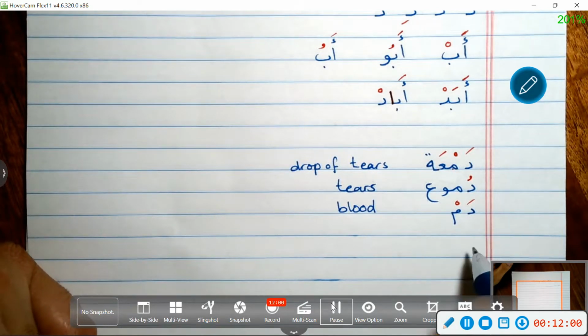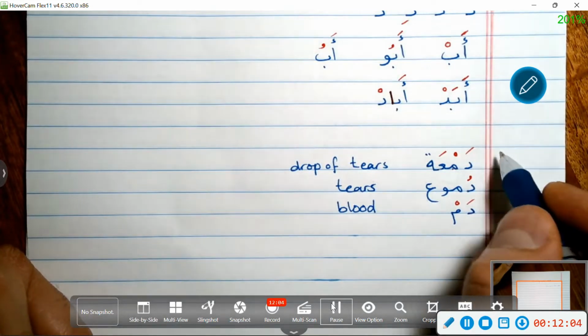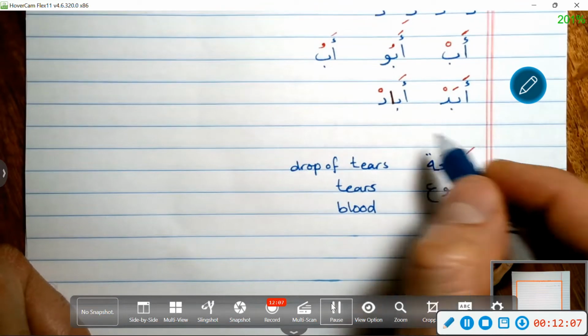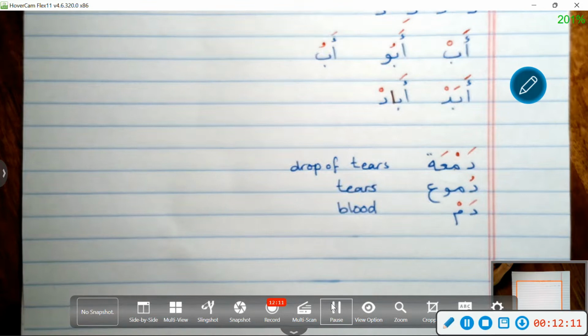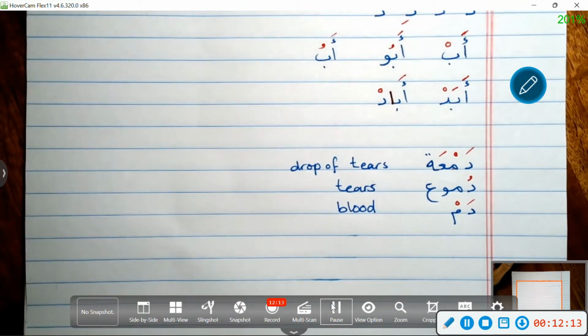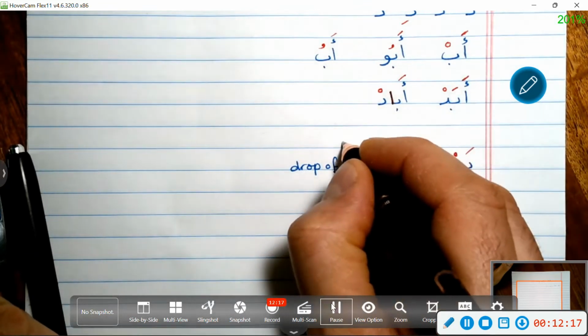So here we're studying the dal at the beginning of the word. So let's write this small title. Let's write it with a different color here. Oh, this is blue.